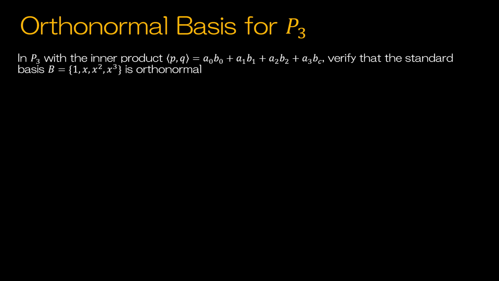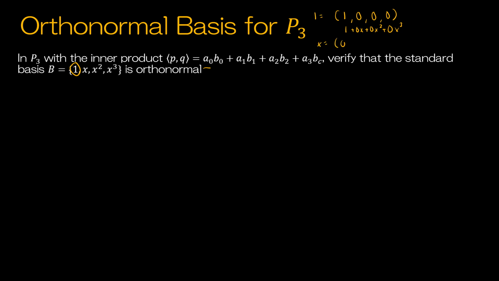Now, the hardest part of this one is really understanding what each of these ordered quadruples would look like. So if I'm looking at 1, that is really 1 times 1 plus 0 times x plus 0 times x squared plus 0 times x cubed, so 1, 0, 0, 0. And x would be 0 plus 1x plus 0x squared plus 0x cubed.